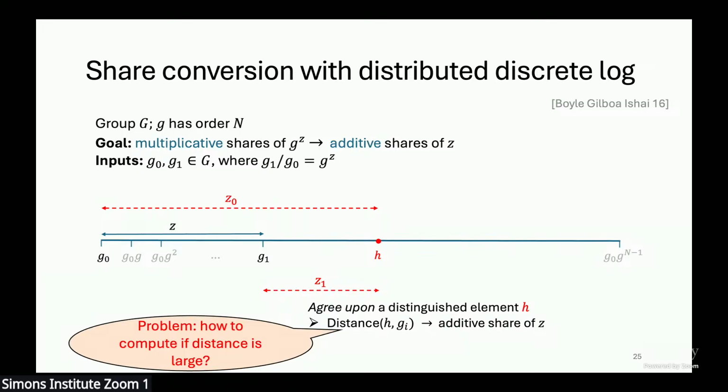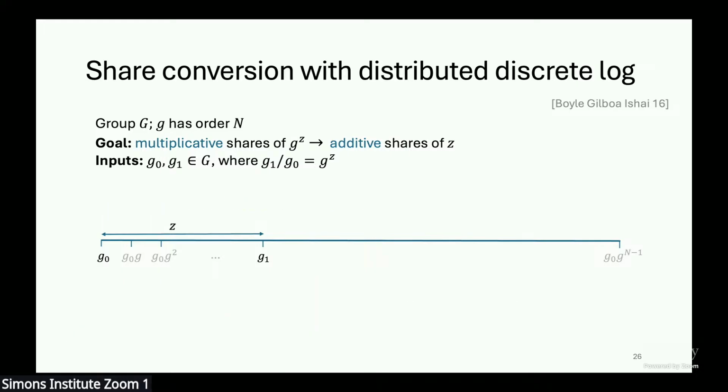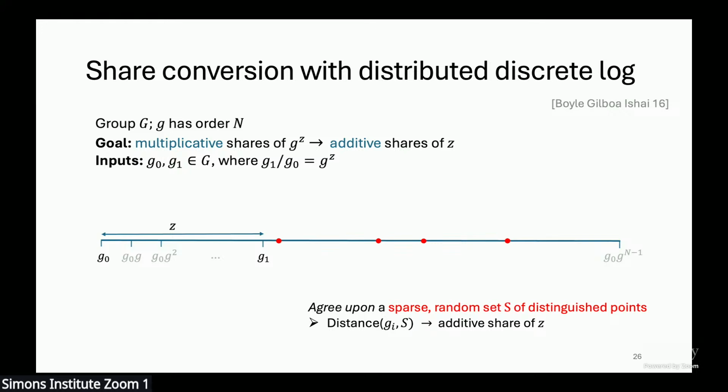Doing this in general is just solving a discrete logarithm problem. We don't know how to do that in an arbitrary group. So we're going to relax this a little bit. Instead of having a single distinguished element h, suppose Alice and Bob somehow out of band managed to agree upon a sparse, maybe pseudo-random set S of multiple distinguished points distributed evenly across the whole group.